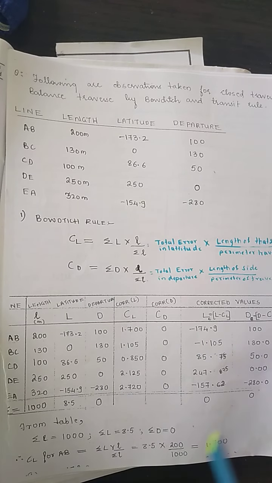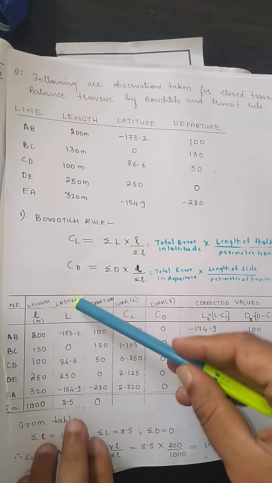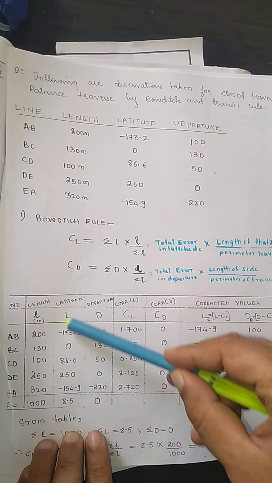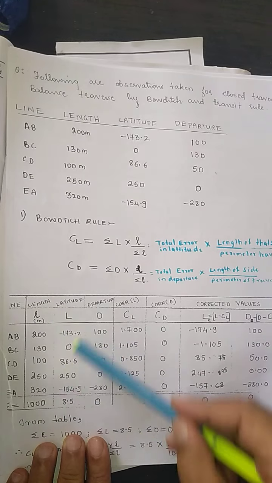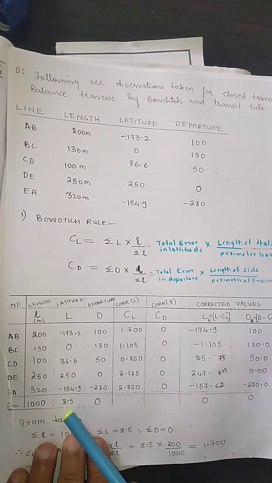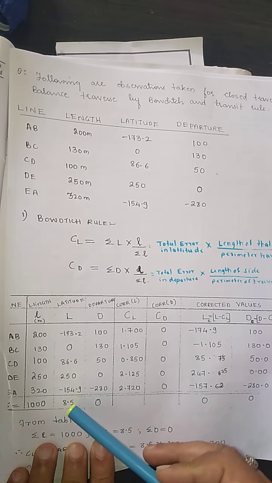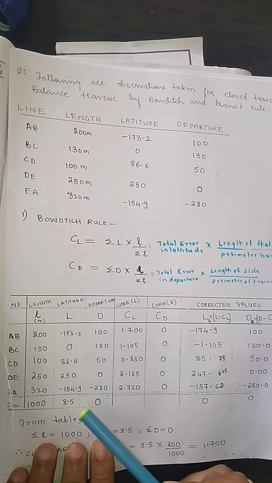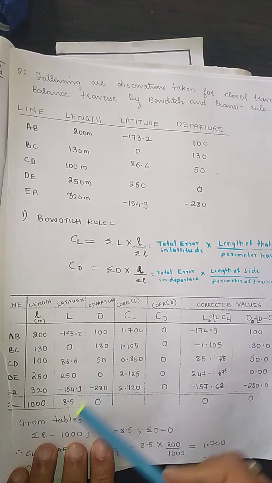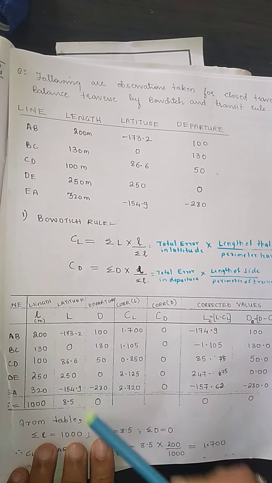You can add all these latitudes that have been given to you, and you can determine the total error in the latitude. These are the latitudes, and these are the departures.